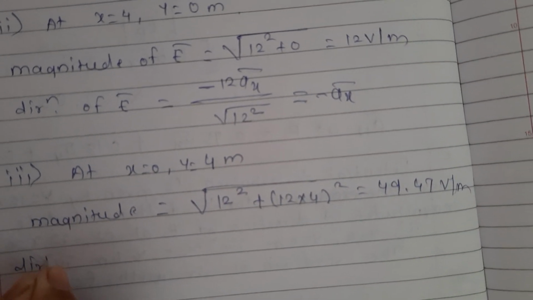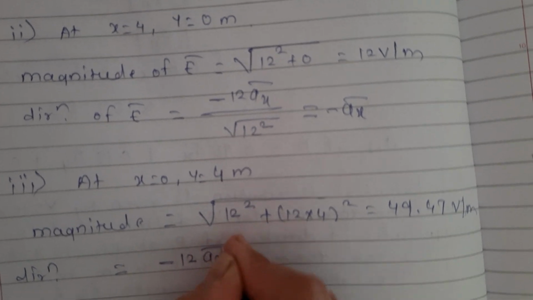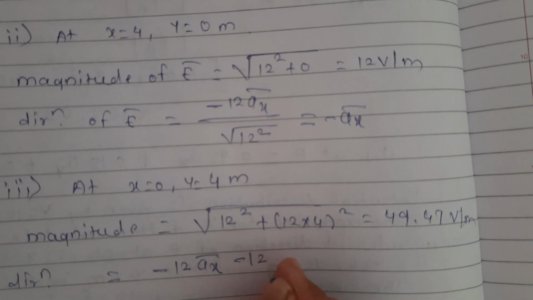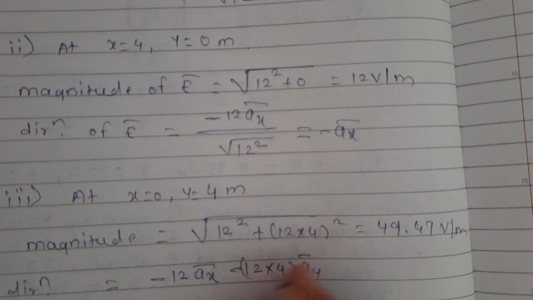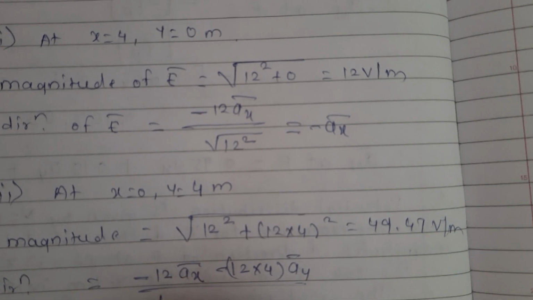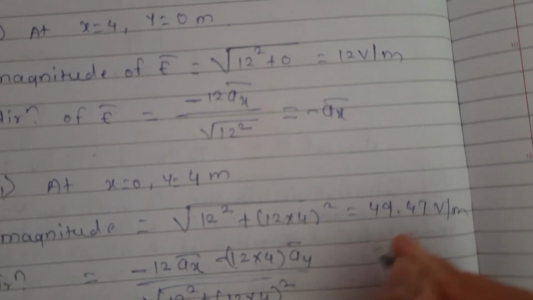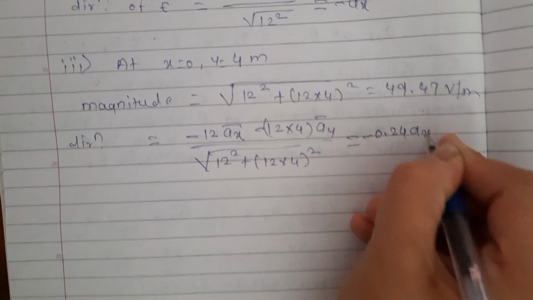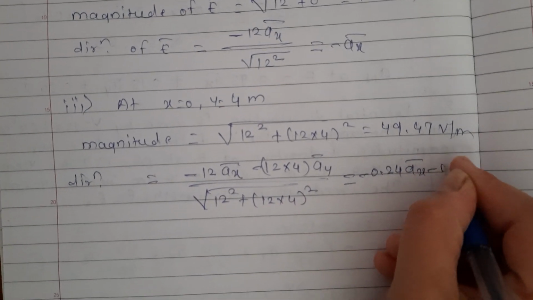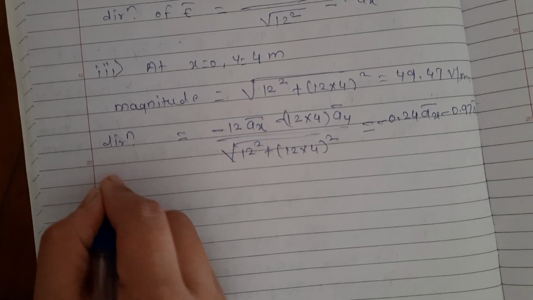And direction: it is minus 12 ax bar minus 12 into 4 ay bar divided by square root of 12 square plus 12 into 4 square. So the answer is minus 0.24 ax bar minus 0.97 ay bar.